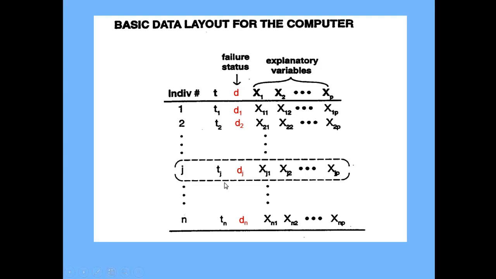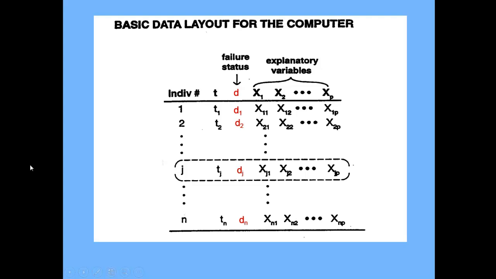Well, the data layout is going to have a column for the survival time. It's going to have a column for the failure status, 0, 1, whether they failed or were censored. And then it's going to have a bunch of columns for any of the explanatory variables we're dealing with, one of which could be exposure, another could be age, another could be race, other variables could be product terms. So that's what the data layout looks like.